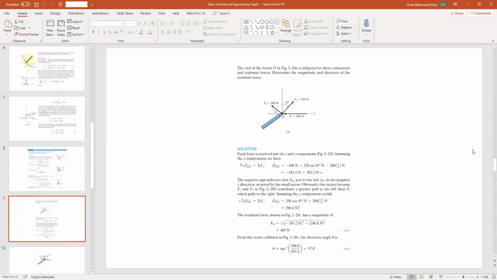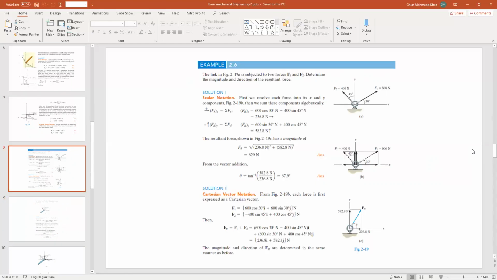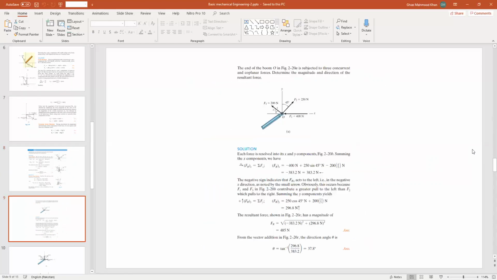And in the next example, it shows that on the boom there are three forces. Previously, we were going for two forces. Now we have to go for three forces. For three forces, you similarly have to find F1x, F2x, F3x, and F1y, F2y, F3y. In this example, you can see F1 is lying on the x-axis.